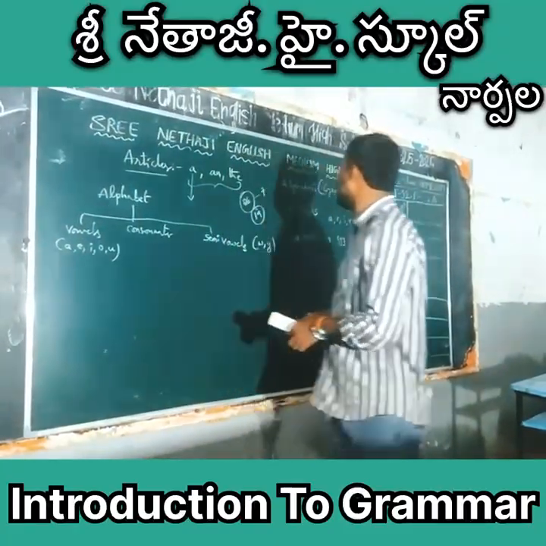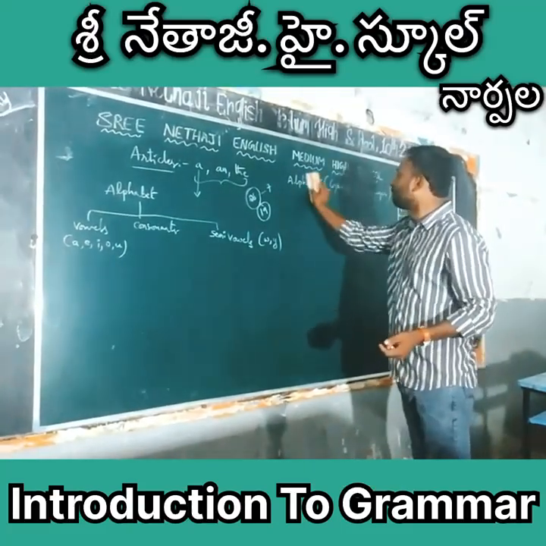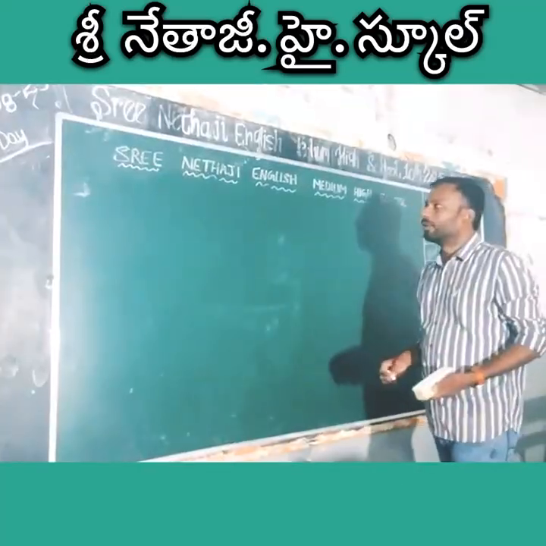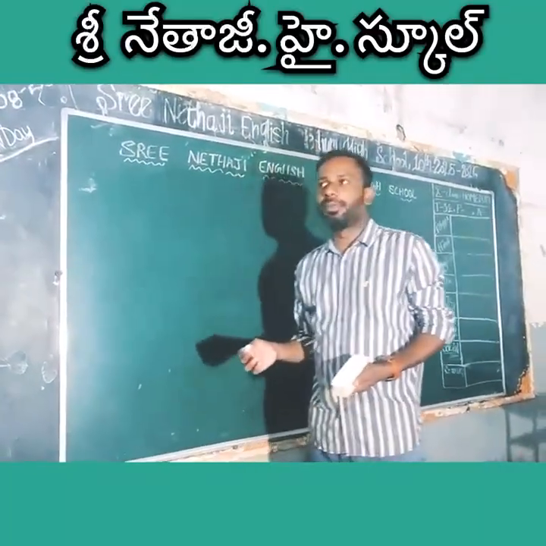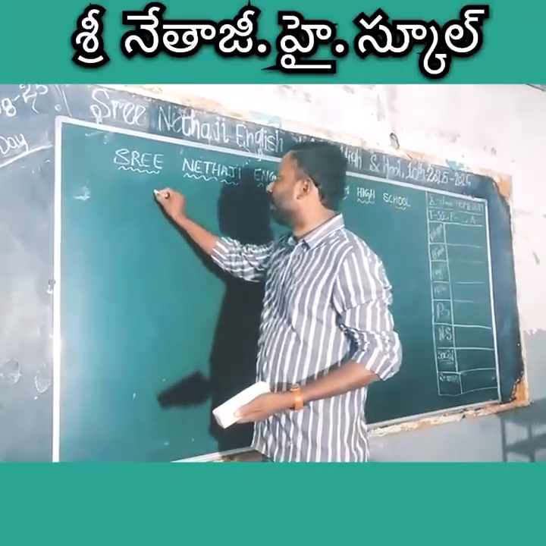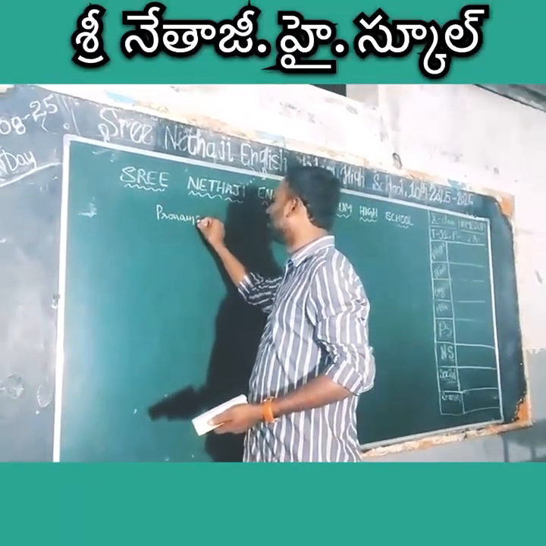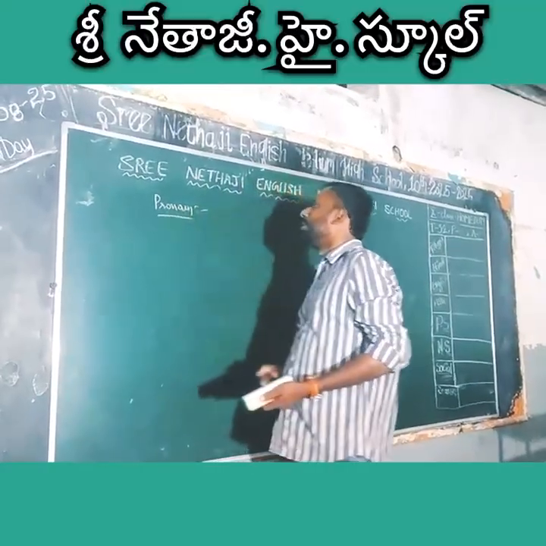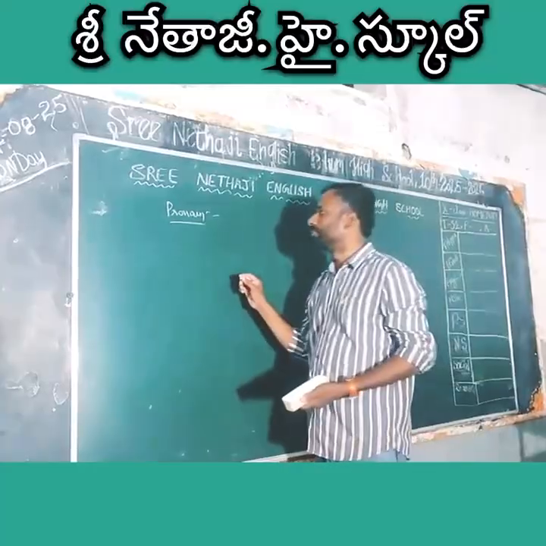We'll see what makes a word, what makes a sentence. So, we already discussed the noun in simple means. Coming to higher level of education, noun means a naming word, and when to use pronoun. So, pronoun is used instead of noun.